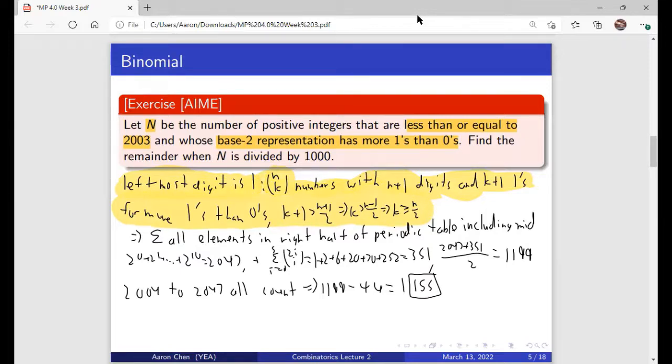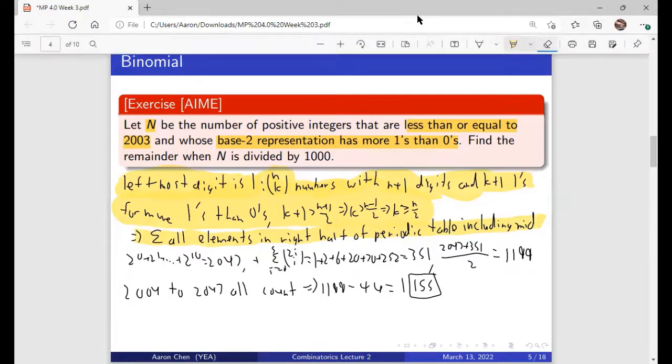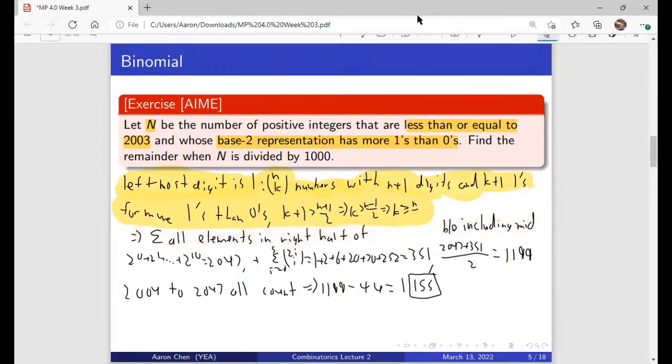So basically, this is the sum of all elements in the right half of the Pascal's triangle, and that includes the middle terms. And so, in order to find this, one way is to find the sum of the entire periodic table, then add the, okay, hold on.